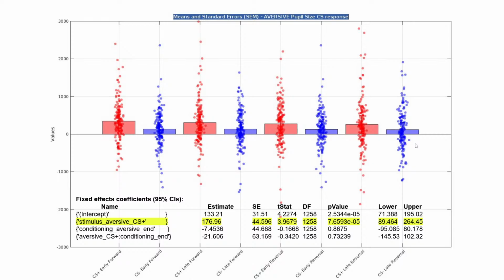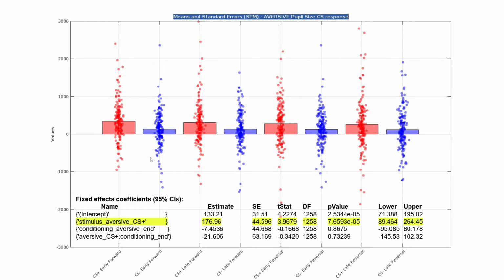So here is how we analyze this. Here we present the data for CS plus, the first half of this, so the first 16 trials, and another 16 trials for the initial, and here the reversal stage, also the first 16 trials and the next 16 trials. Appetitive CS plus, CS minus, red CS plus, and then the CS minus.